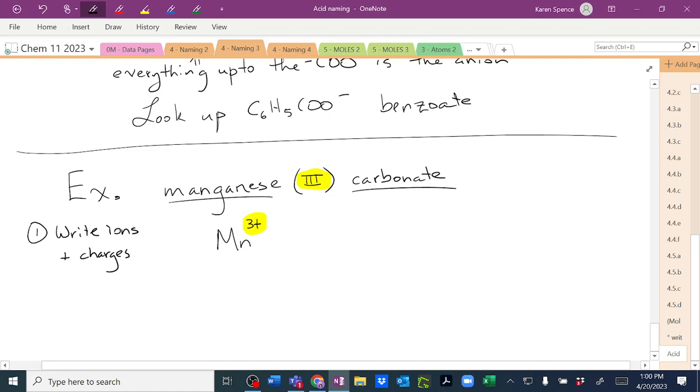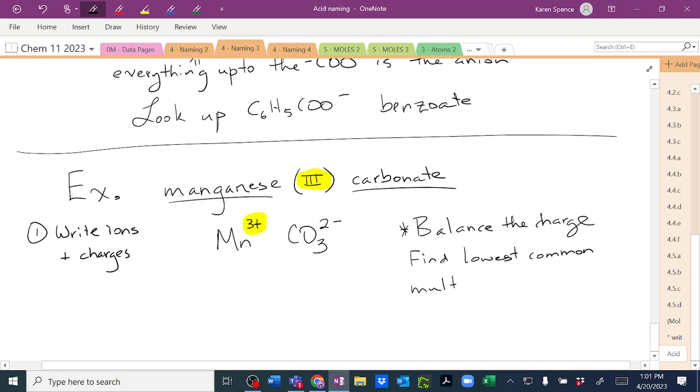Carbonate, you just go look up carbonate, CO3, 2-, and then you need to balance the charge, which means make the positive equal the negative. So find the lowest common multiple. And in this case, it's going to be of 3 and 2.